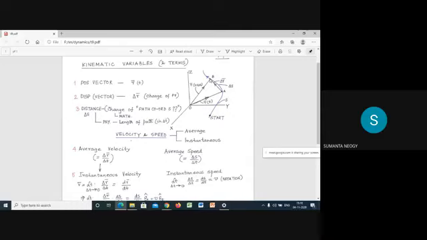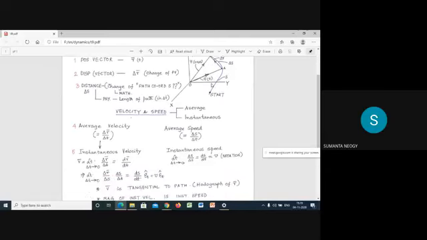This is called path coordinate. So, change of S is distance. That is the mathematical way of representing distance. And the physical method is length of actual path traversed, which you know very well.